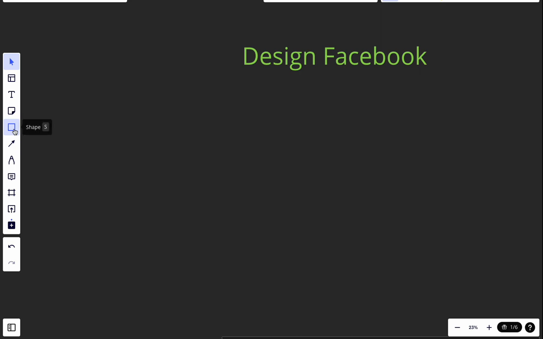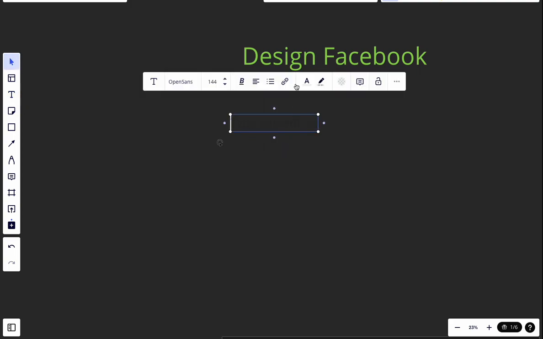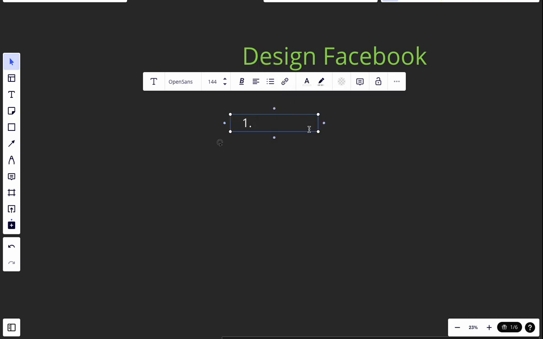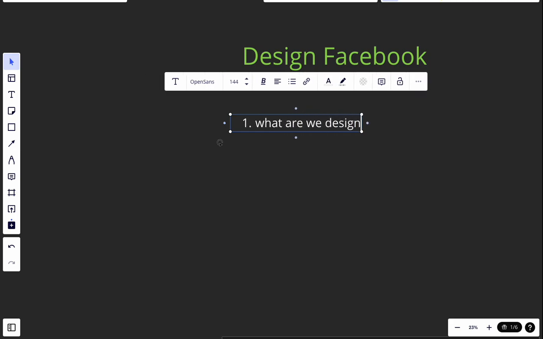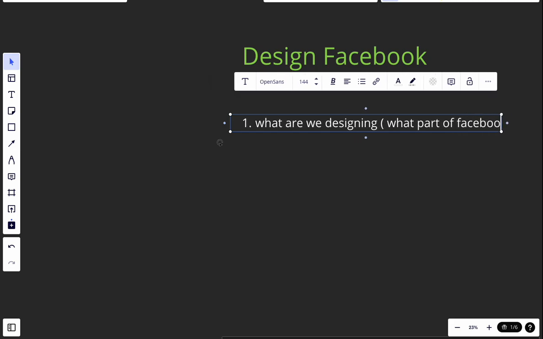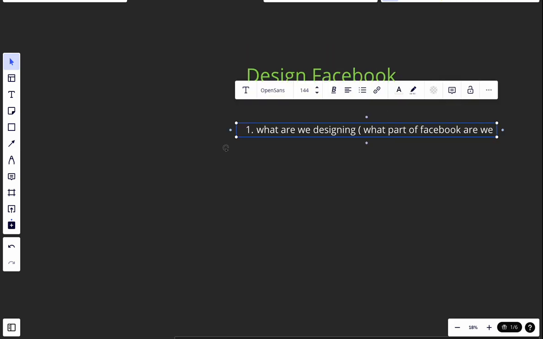So in understanding the problem, there is a formula that we have where we ask basically 4 or 5 questions. The first one is, what are we designing? Or maybe let's call it, what part of Facebook are we designing?